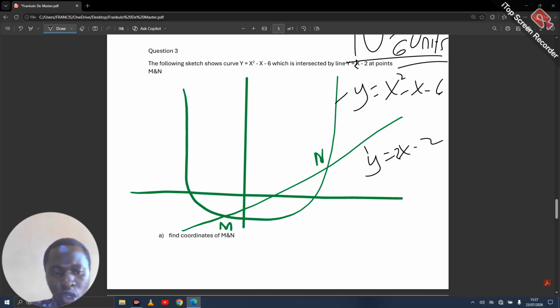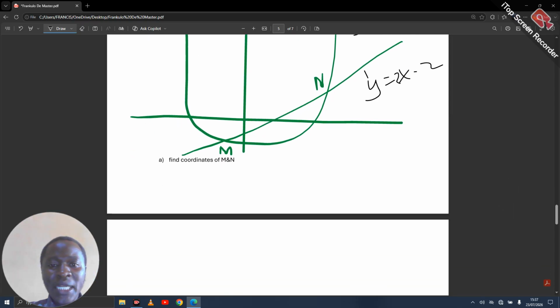So correct on that, please. It should read: which is intersected by line y equal to 2x minus 2, not x minus 2. Now find the coordinates of M and N.